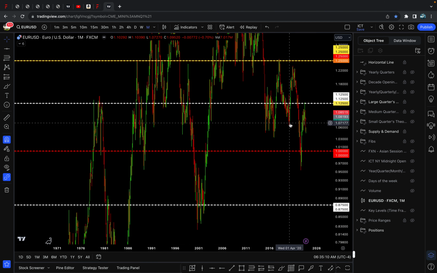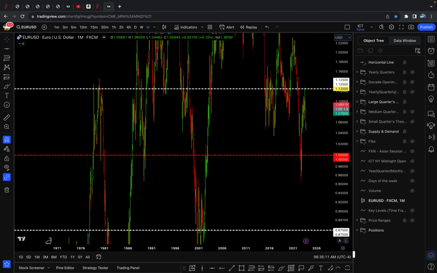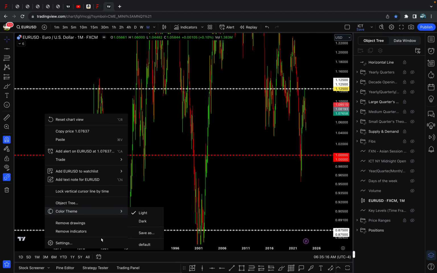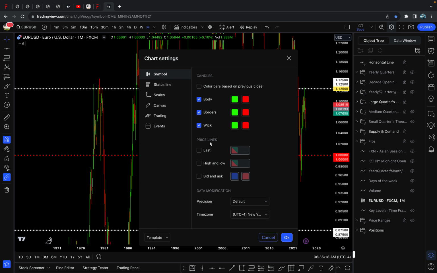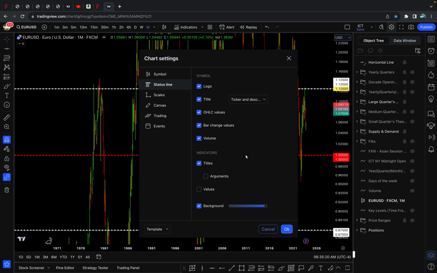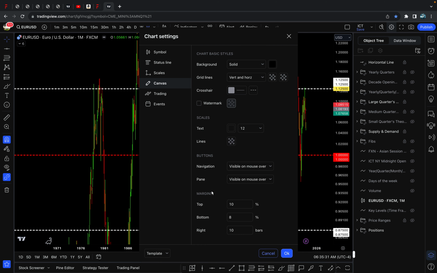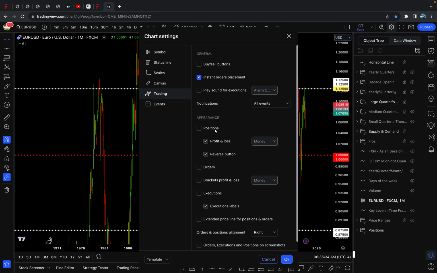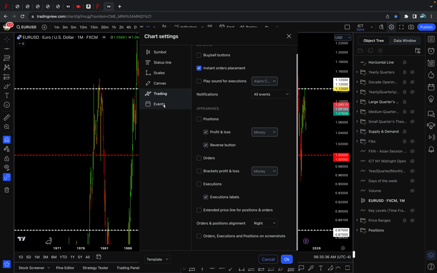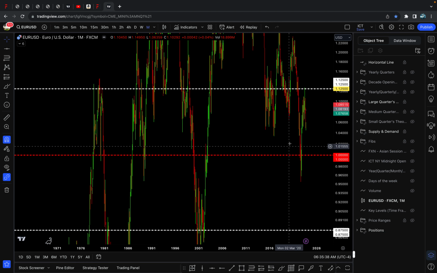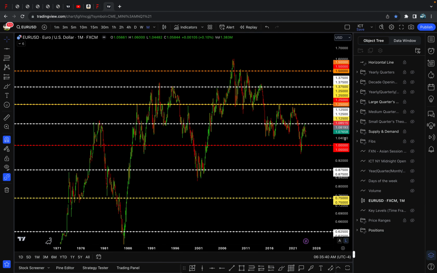Whatever that number is, I guess that's the price line of the current price, but I could not figure out how to get that off of there. I tried to find it, but I couldn't. So hopefully that's not bothering you.